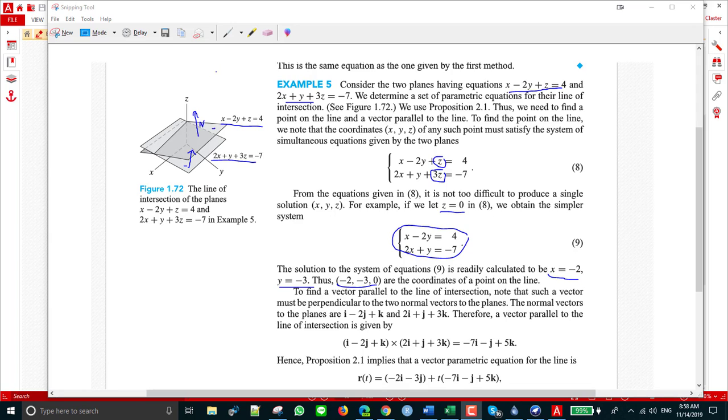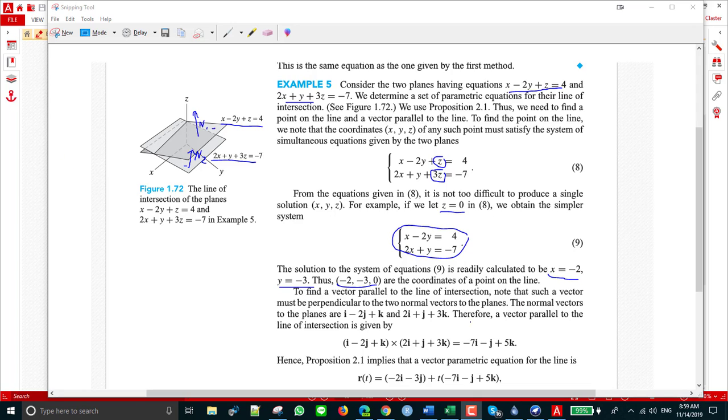So what is a vector which is both perpendicular to this n? I guess I'll call this n1, and this one n2. What is a vector which is perpendicular to both n1 and n2? The cross product of n1 and n2 will be perpendicular to both of those.